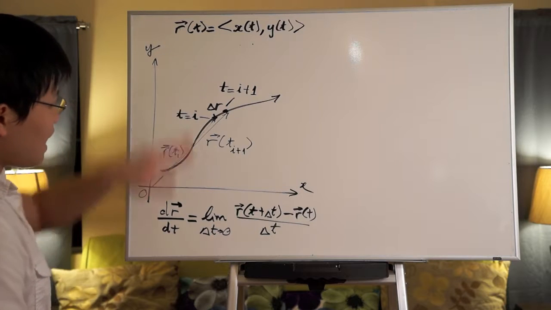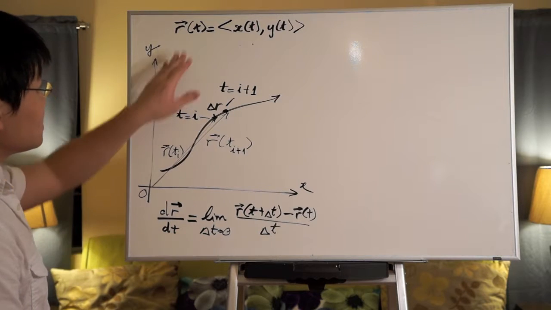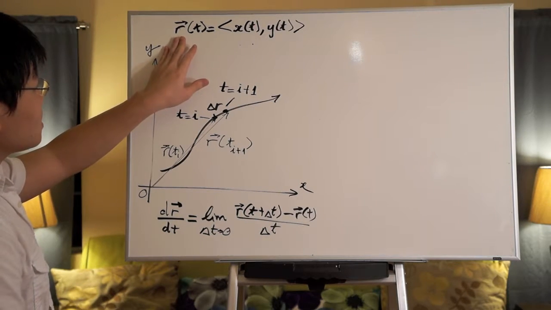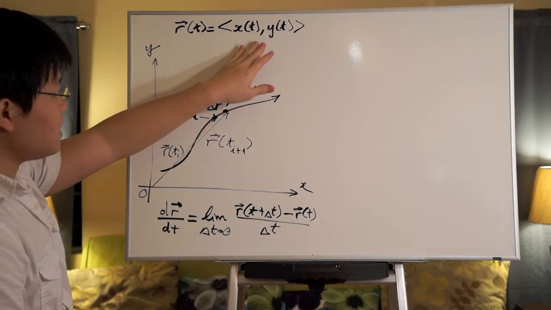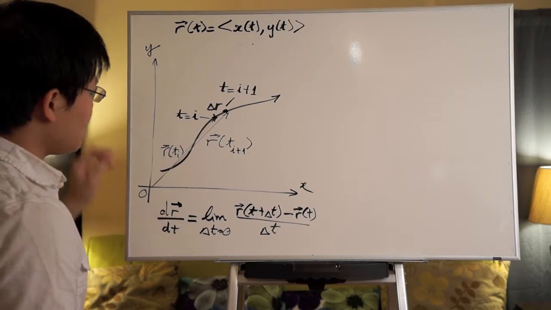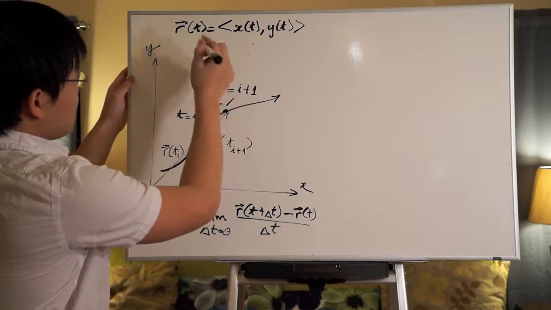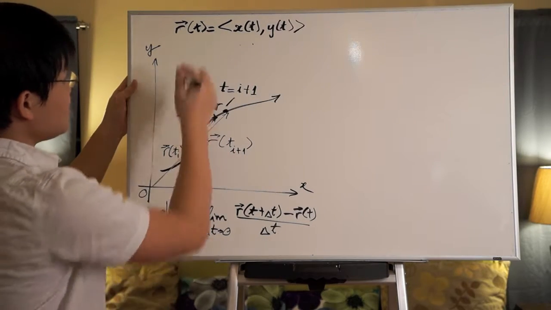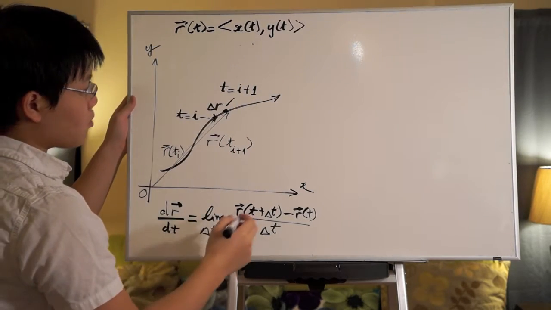Okay, so this is the definition of the instantaneous rate of change of vector r. Although, how do we relate this to this? Well, we know that the vector r(t) is described by this notation, so you can say this is just r prime, right?